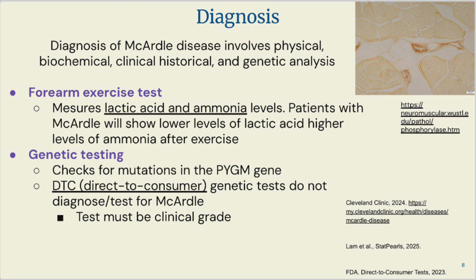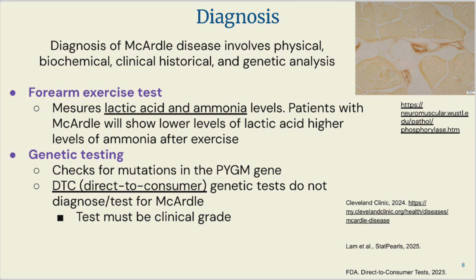However, lower levels will be shown in patients with McArdle, and when you have a lower level of lactic acid, you have higher levels of ammonia as a side effect. So seeing that combination of symptoms post-exercise is a pretty telltale way of knowing someone might have McArdle.